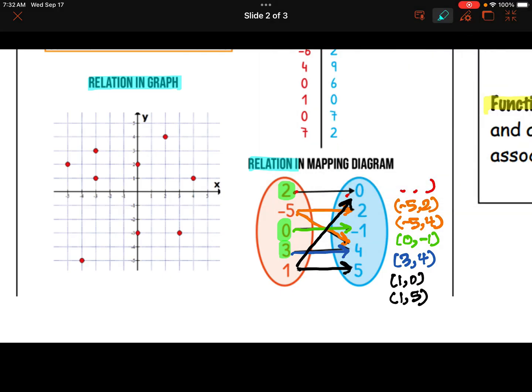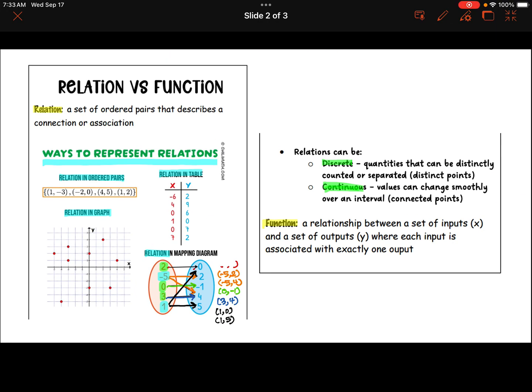However, as soon as you consider -5 or 1, those inputs have now been partnered up with more than one output value, and that would make this problem not pass the function test. So this would be an example of a relation but not of a function. So hopefully that takes the math definition and gives it some context.